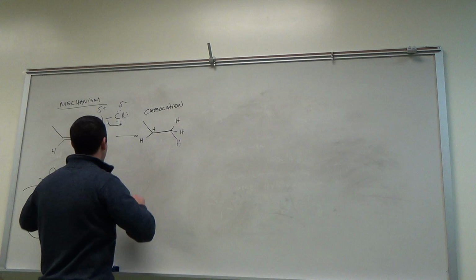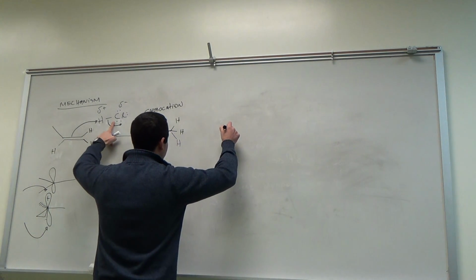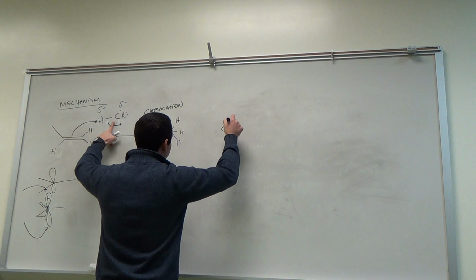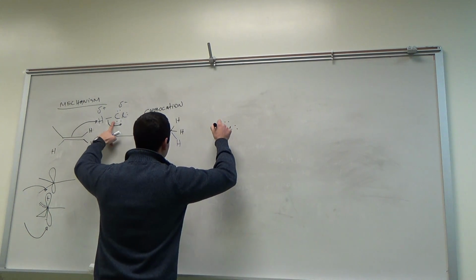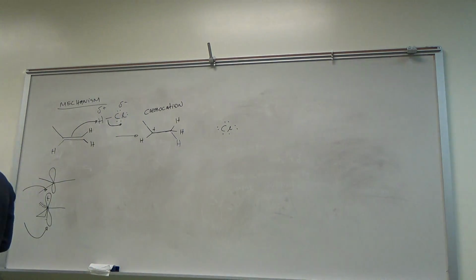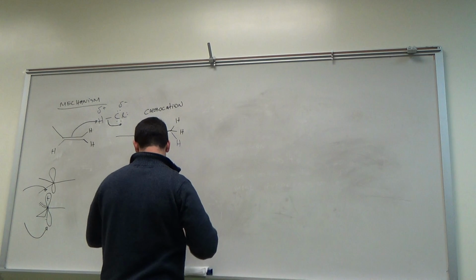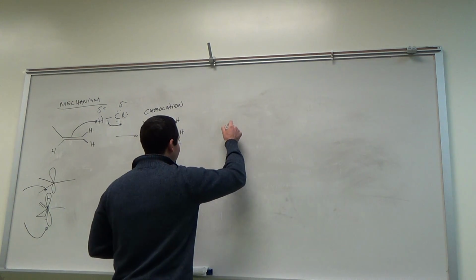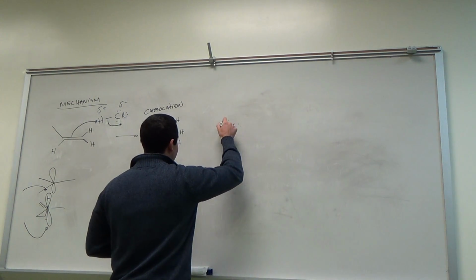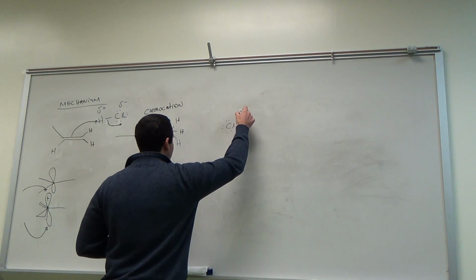So, now, what else happened to this here? The electrons went to the Cl. So now it looks like that. Okay, now the Cl has what type of charge? Negative.